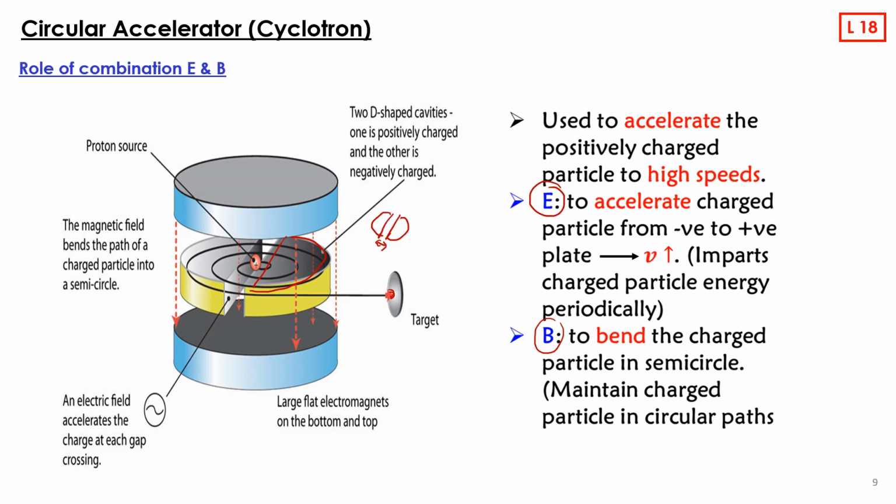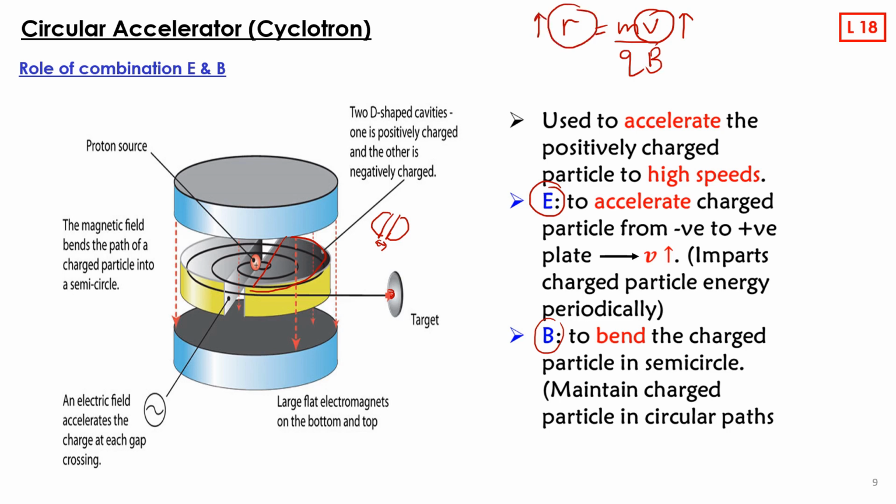But what happens to the radius? We know that r is equal to mv divided by qB. Each time the charge crosses the gap, it will increase in velocity. And when the velocity increases, the radius also increases.